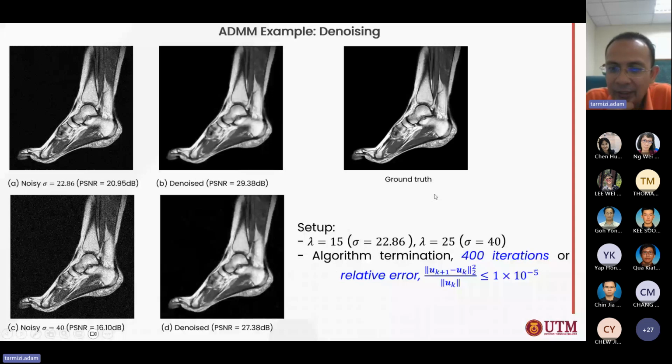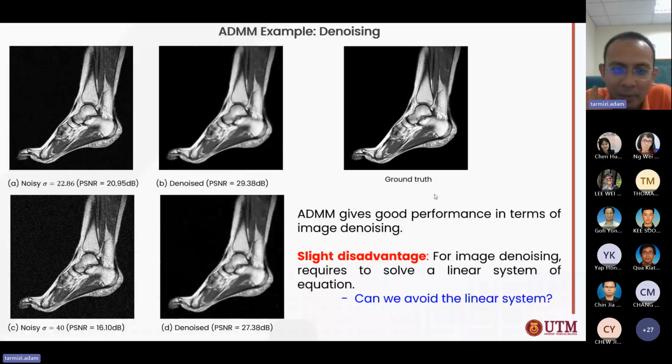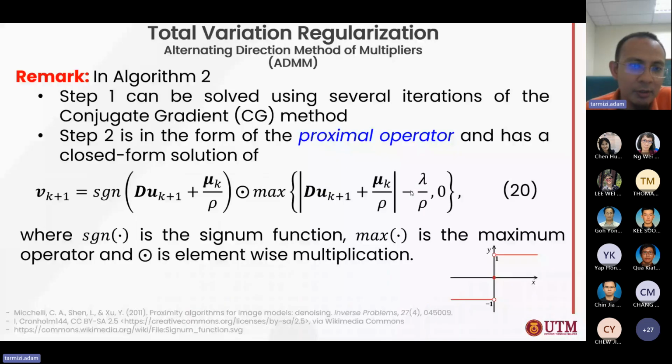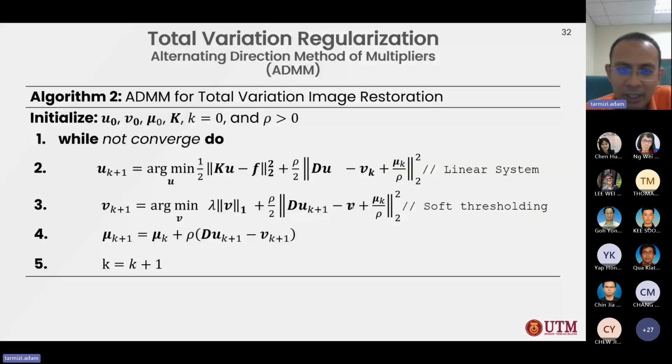So in terms of denoising capabilities, ADMM is quite good, but it has a slight disadvantage, which is that we have to solve the linear system. If you have a very large image, then you have not just the overall ADMM iteration, you also have an inner iteration, for example, if you use the conjugate gradient method.